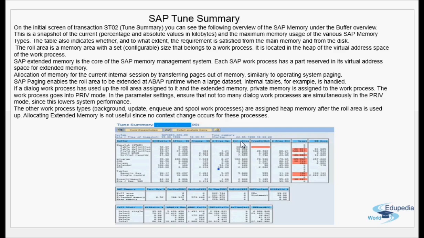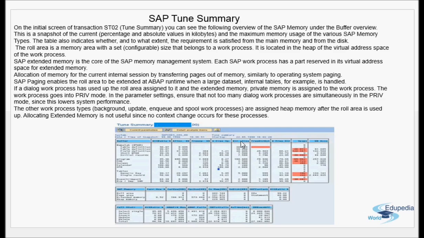But for the other types of work processes, after the work process uses its own roll area, it will go to the heap memory, and then it will use up the extended memory. So that is the order. For dialog work processes, it's roll, extended, heap. For all other work processes, and in AIX and Unix, these flavors of operating system, first roll area, heap area, and then extended memory. So that is the order.